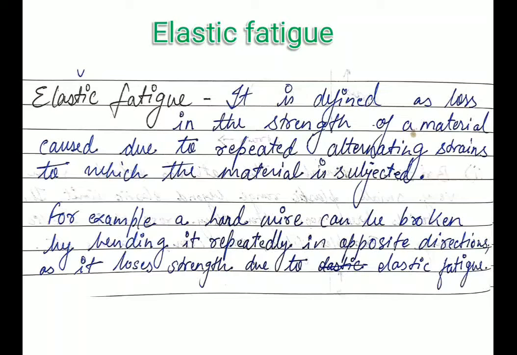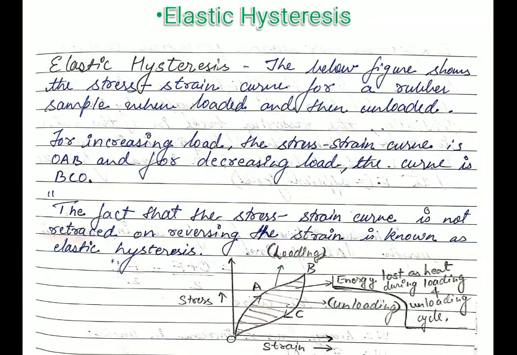Because continuously they have to bear the weight of the trains moving on them. So continuously the railway tracks are used by the trains, and continuously they have to bear the strains, so they fail after some time and some accident can be caused. So to avoid that, they are being replaced. Okay, so this was elastic fatigue. Let us move to the next topic.